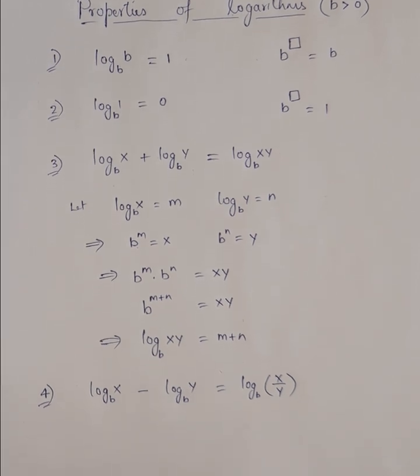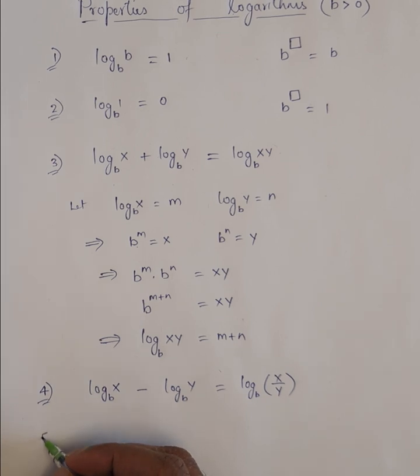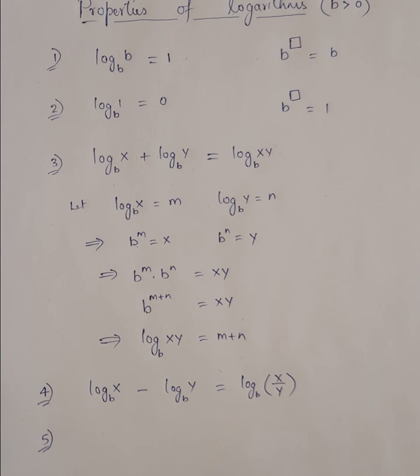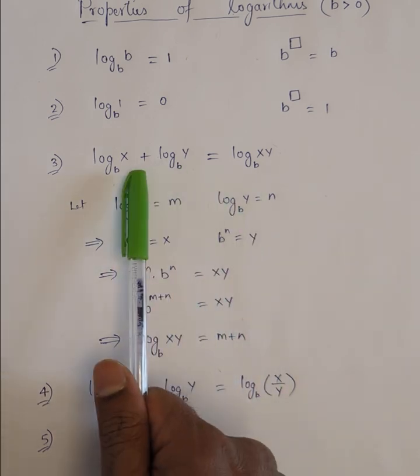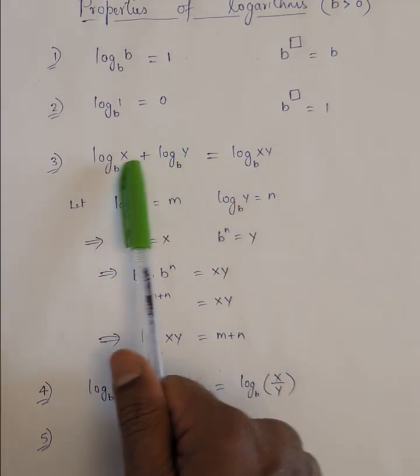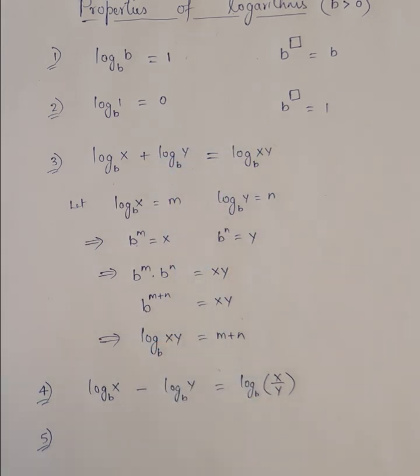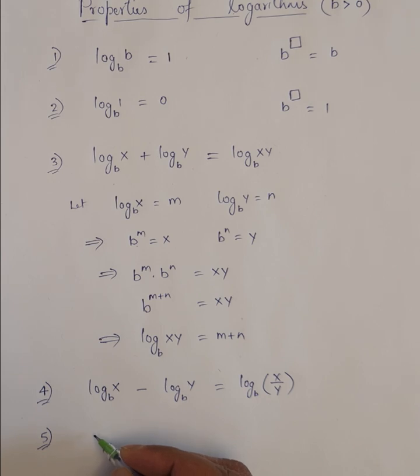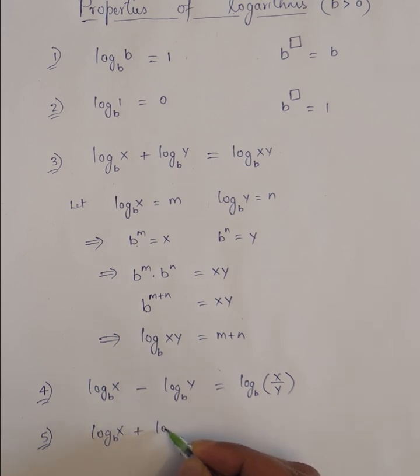And I can have more than two terms, or I don't even have to have different ones. What would I have if the y was also replaced by x? Then log x base b plus log x base b is log base b of x square.